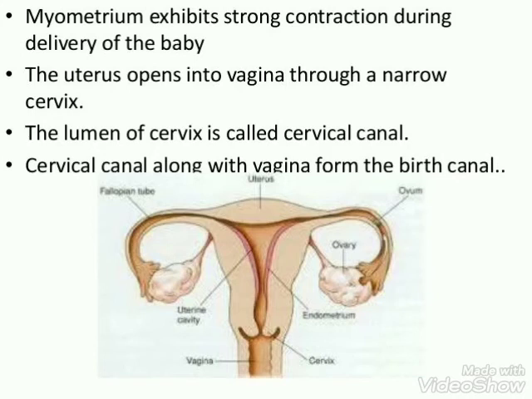Myometrium is present in the middle and it is made up of a thick layer of smooth muscle fiber which contracts strongly during the delivery of the baby. Endometrium forms the inner layer that contains glands and many blood vessels. It undergoes cyclic changes during the menstrual cycle after every 28 days in females.